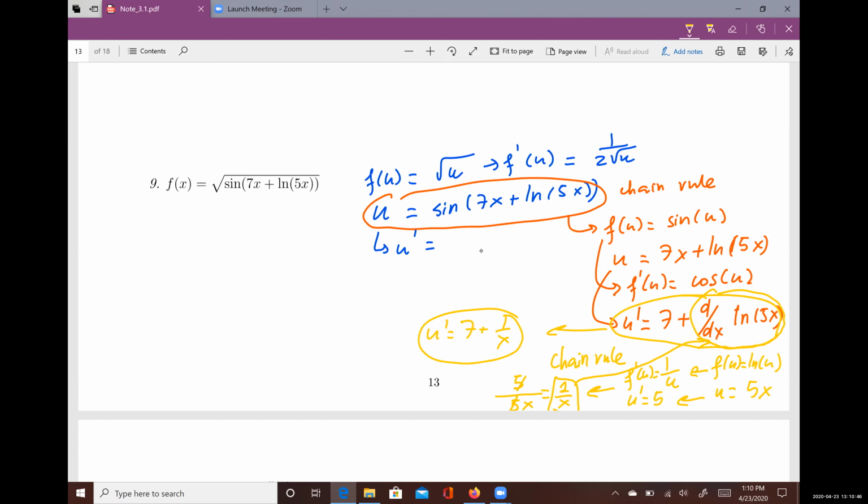And once you find this u prime, again, the reason why we want to find this u prime is because we want to find this u prime up here, right? And this u prime here is going to be f prime of u here, multiplied to u prime here, which is here.